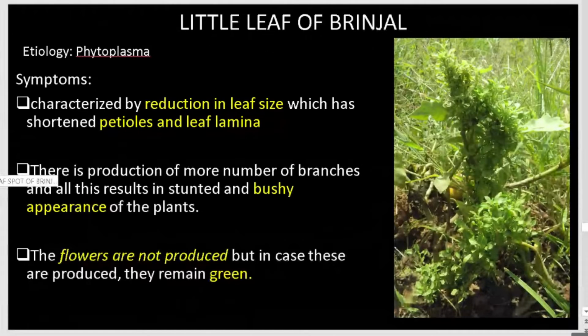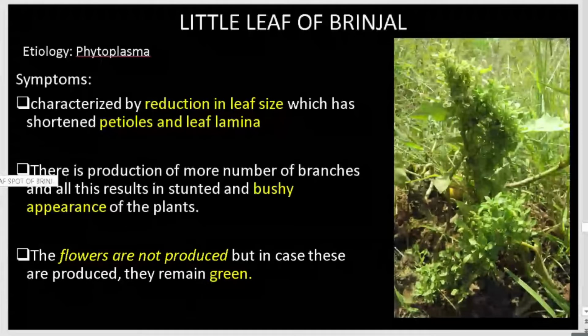These are transmitted by plant hoppers. Empoasca devastans and Hishimonas phycitis are the two species of leaf hopper. They are also graft transmissible.